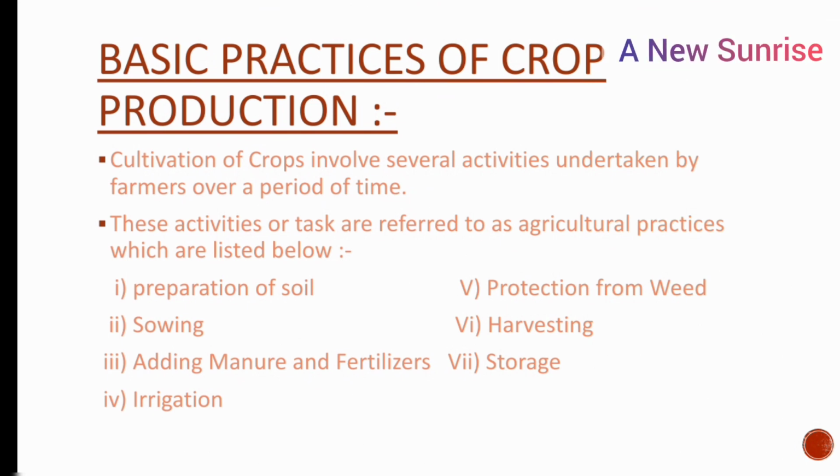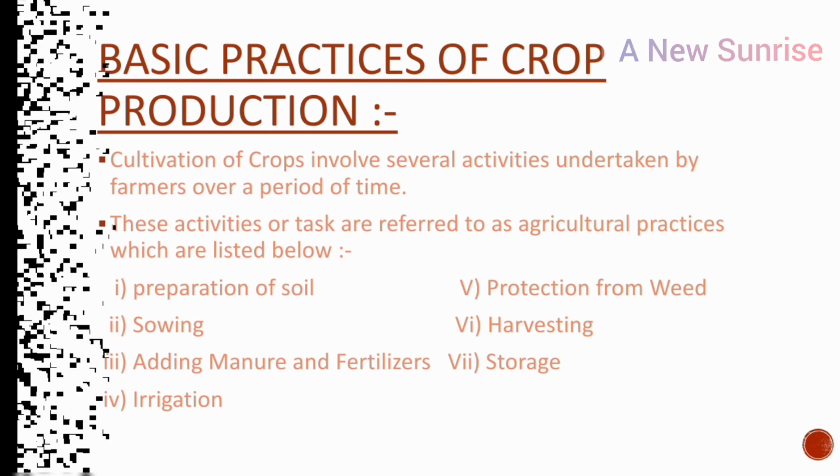Fourth is irrigation, watering plants. Fifth is protection from weeds. Weeds are the unwanted plants that grow near the healthy crops, and they damage them. So we have to protect against them. Sixth is harvesting, and the seventh is storage of crops.